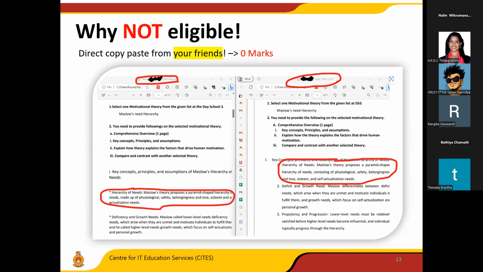If we find that assignments are copied between students, all students involved will receive 0 marks for that work. Not only the person who copied, but also the person who shared their work. So please do not do this.